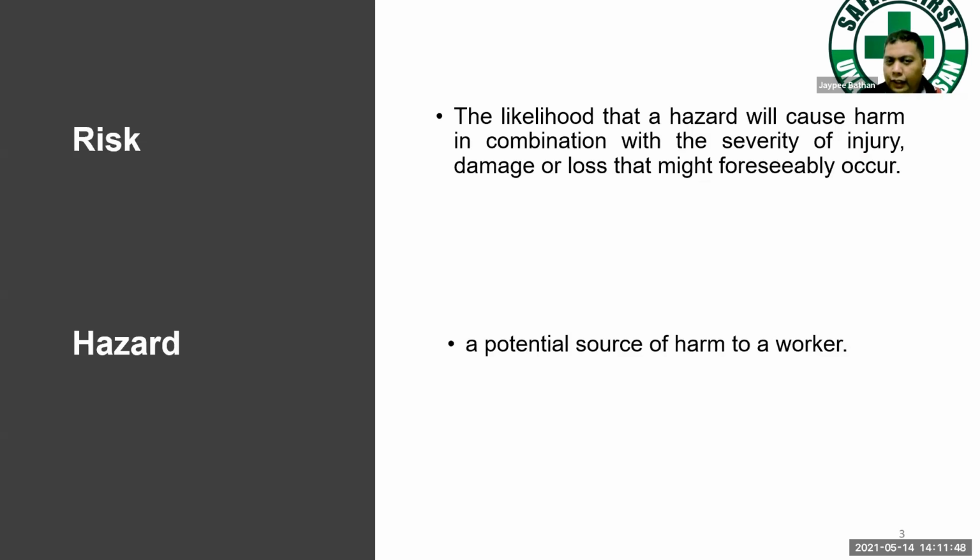A hazard is a potential source of harm to a worker. A worker can be harmed by a safety hazard, which can cause injury or accident, or a health hazard, which involves exposure. Nowadays, COVID-19 is also a health hazard, more on the biological hazard.